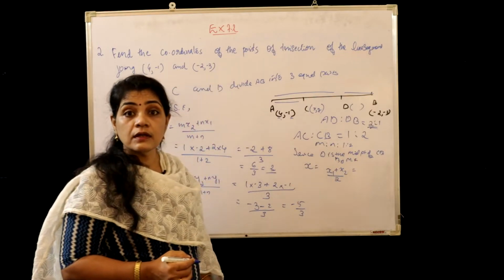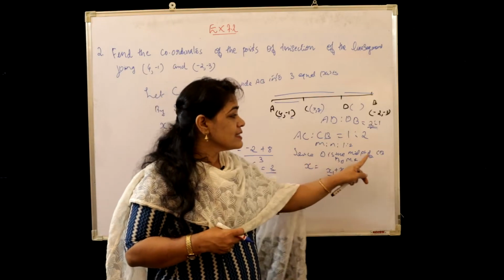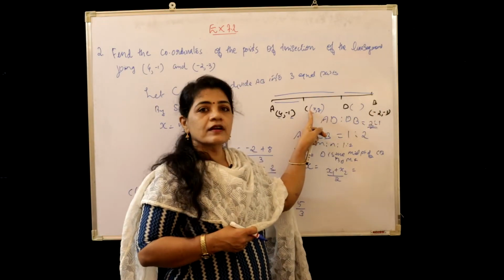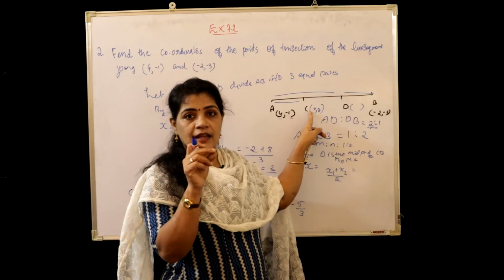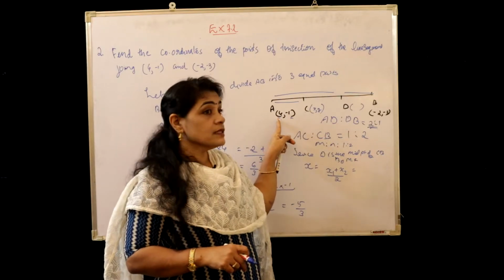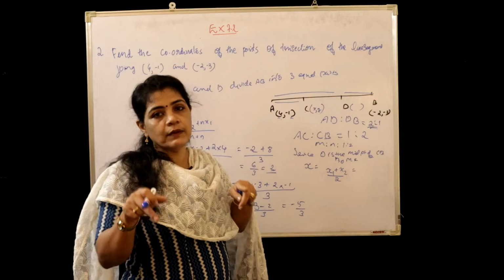Here what is x1? Don't take this as x1, y1. Here in CB, this x1, y1 is the x coordinate of C and y coordinate of C. So don't take this 4 and minus 1 value, because we are considering CB and D is the midpoint.